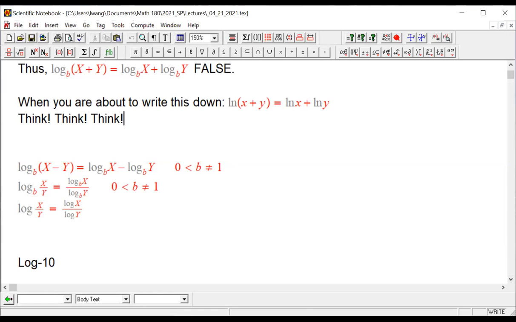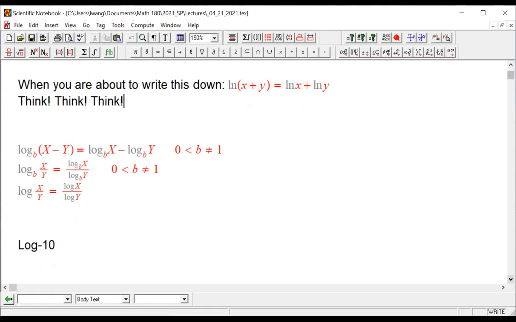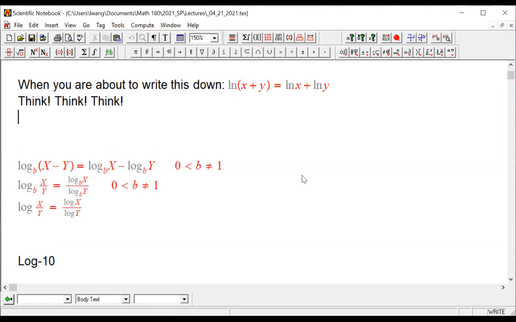As I pointed out, this is a very common mistake. You should ask, since I'm not sure about my memorization, is this right? You don't need to go blank just because you're not sure about your memory.